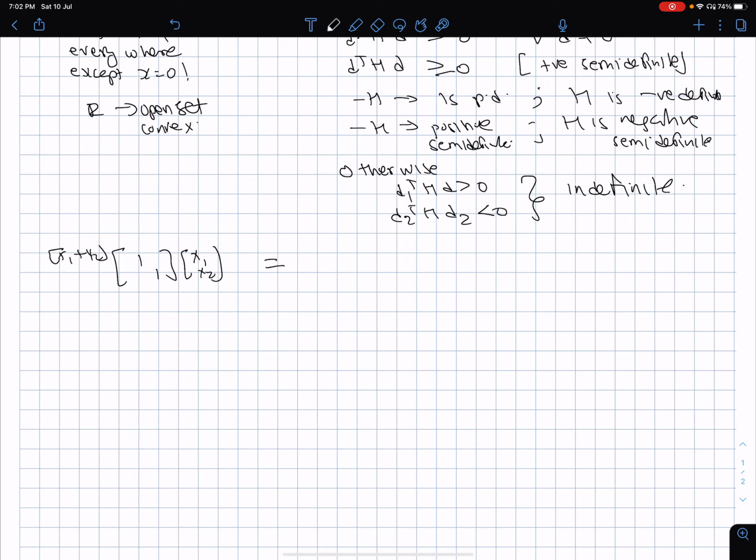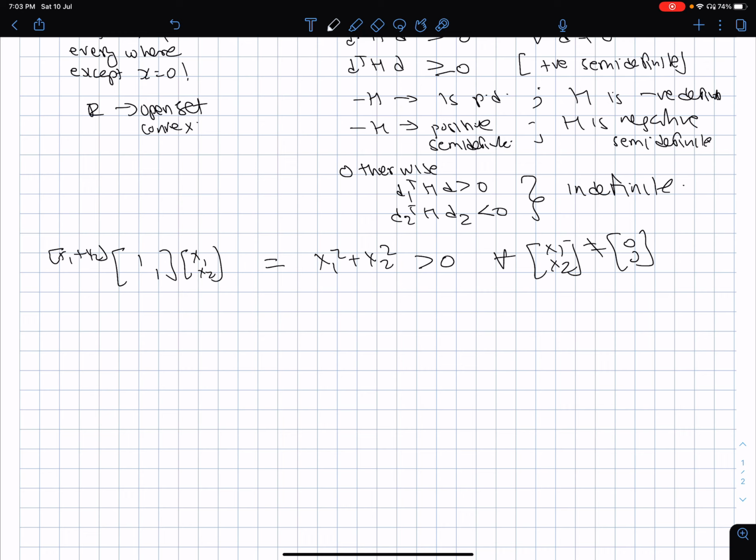Then this is going to be equal to x1 square plus x2 square, which is greater than 0 for all x1, x2 not equal to 0. That means both coordinates are not 0, and since it is the sum of squares, you can easily see that it will be greater than 0.